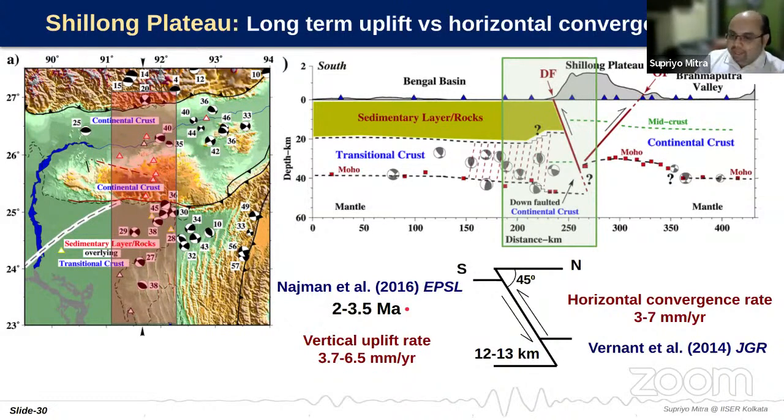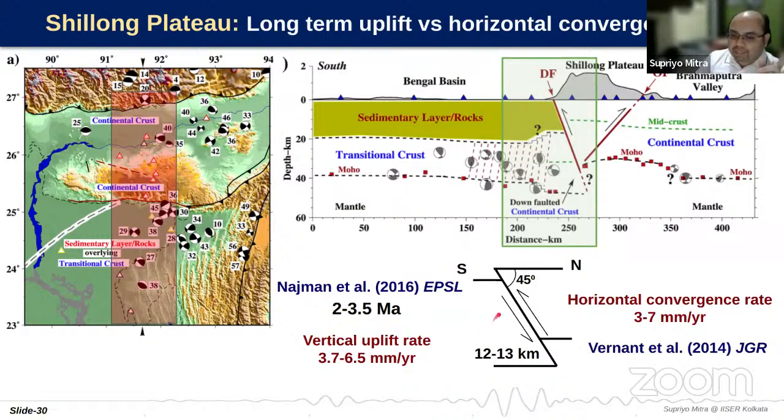If I turn that into a vertical uplift rate by using the offset of 12 to 13 kilometers on the Moho, because that is something which we believe is preserved, the topography is not, because it's eroding, that will give me a vertical uplift rate which varies between 3.5 and 6.5 millimeters per year. Now from geodetic data, we know that the dip of the Dauki fault would be somewhere around 45 degrees, give or take about 5.